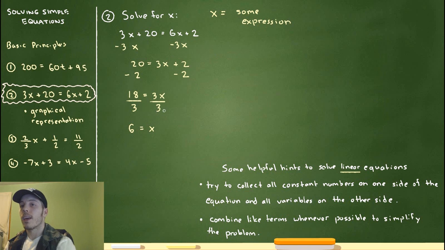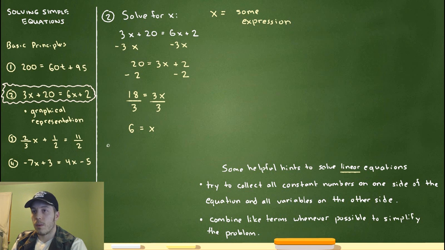That's my expression. And like usual, we want to check our answer. Does the number 6 make this a true statement? Well, let's see. We're going back to the original equation now, 3, and in place of x, let me put what I found it to be, 6, and then plus 20. And this is equal to 6 times, and now in place of x, I'm going to put 6, and then plus 2.